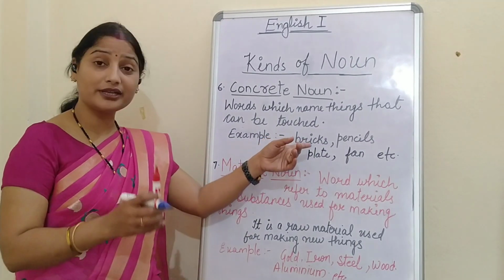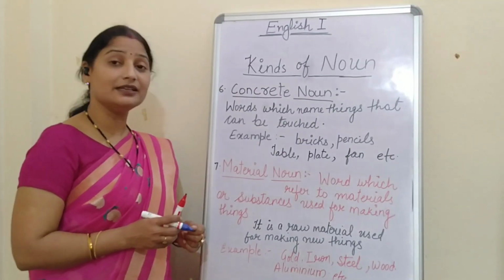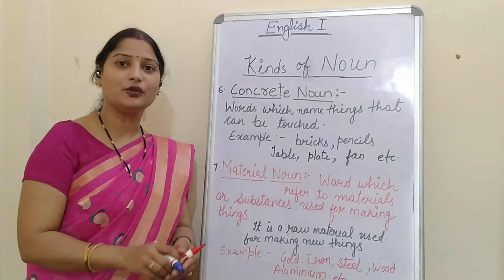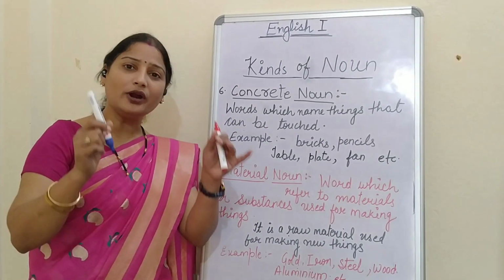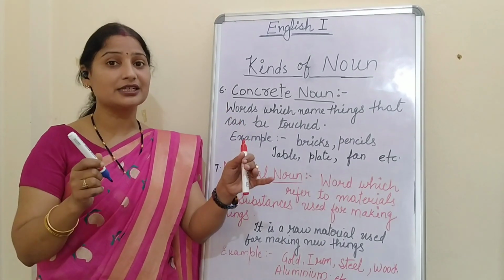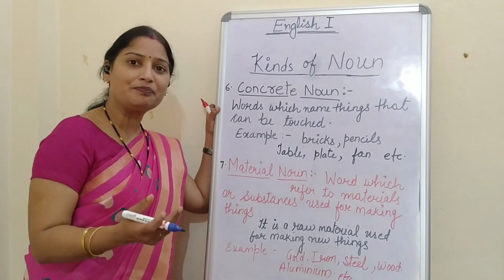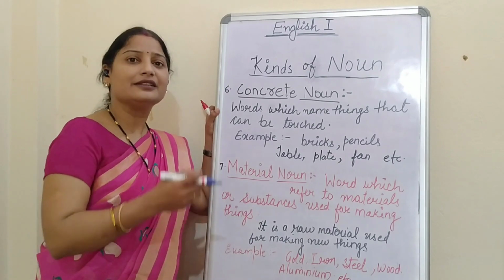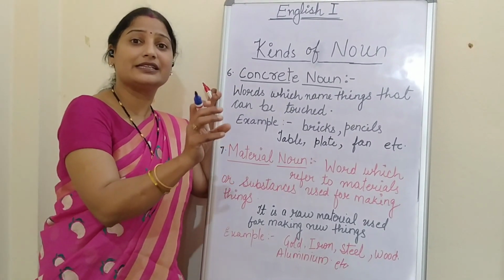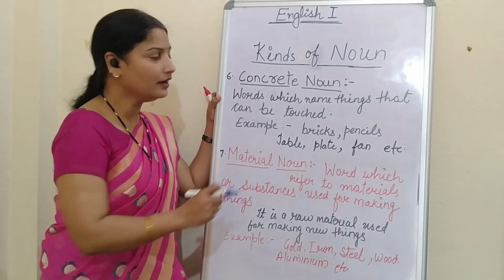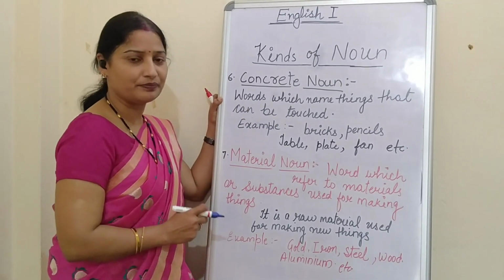We can touch bricks, we can touch a pencil, we can touch a table, we can touch a pen. Whatever things we can touch are examples of concrete nouns. So we can write the definition: any substance that can be touched is a concrete noun.